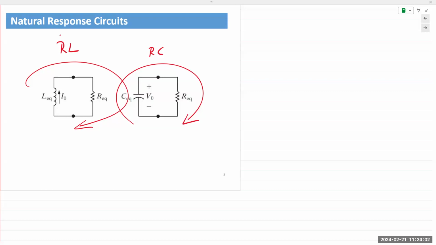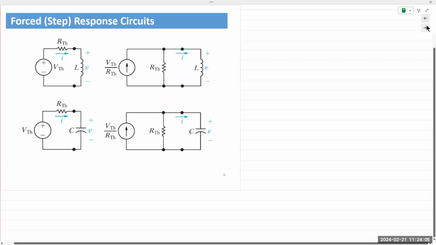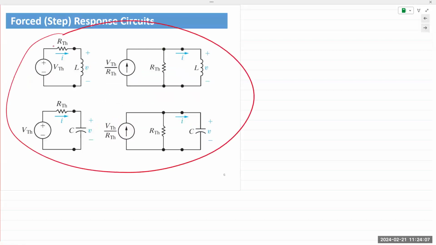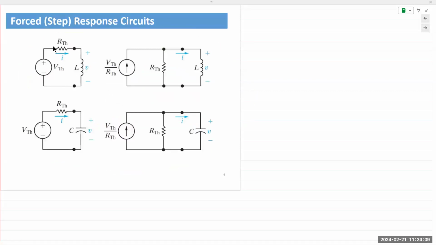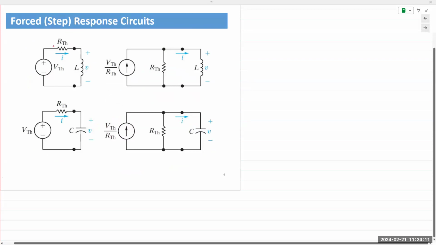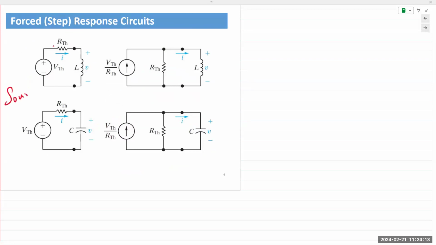And then if you add a source to this circuit, we get a forced response circuit. And this simply notes the Norton current IN, and the Thevenin voltage and Thevenin resistance.